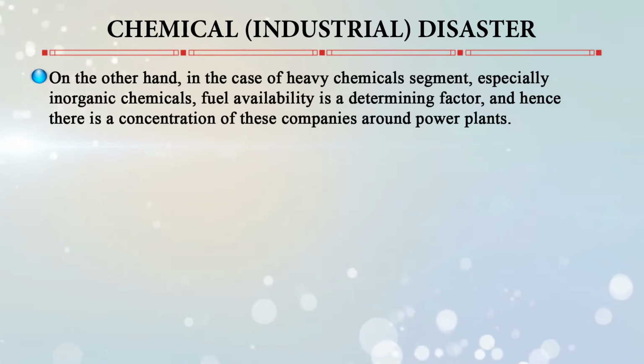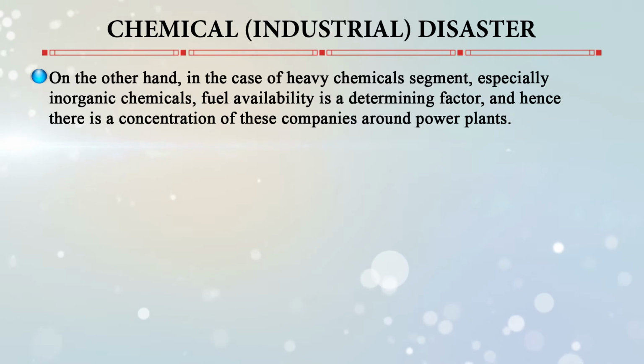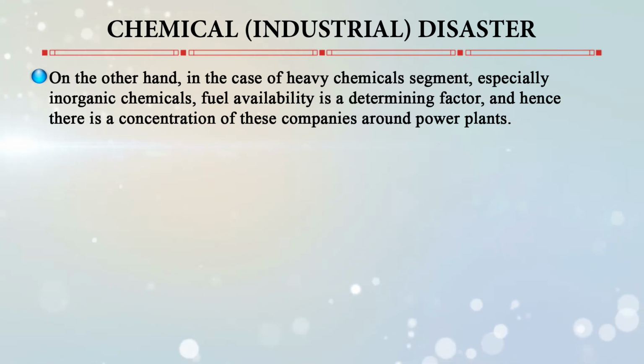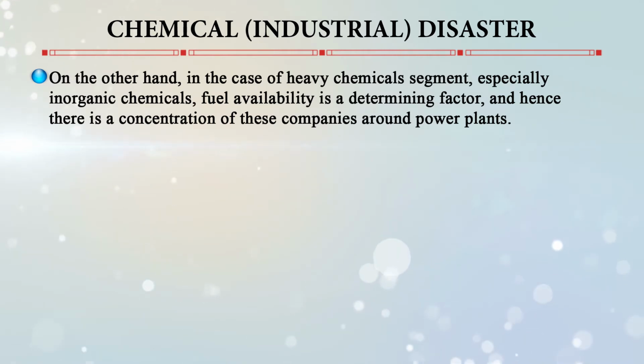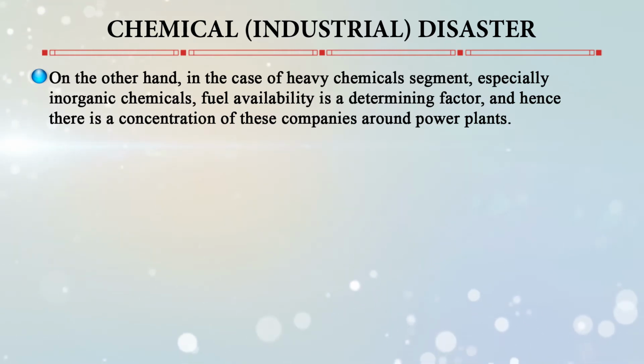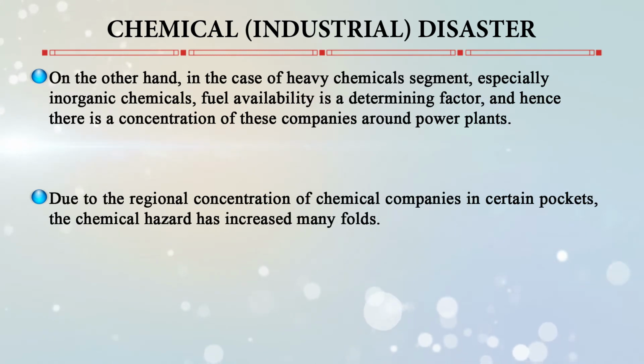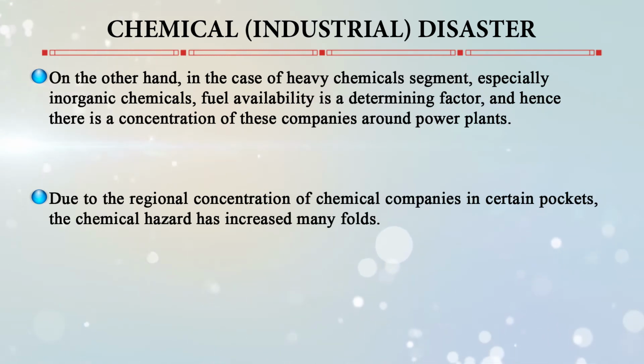Now, on the other hand, if we take the heavy chemical segment, especially inorganic chemicals, fuel availability is a determining factor, and hence there is a concentration of these companies around the power plants. Due to regional concentration of the chemical companies in certain places, the chemical hazard has also increased manifold.